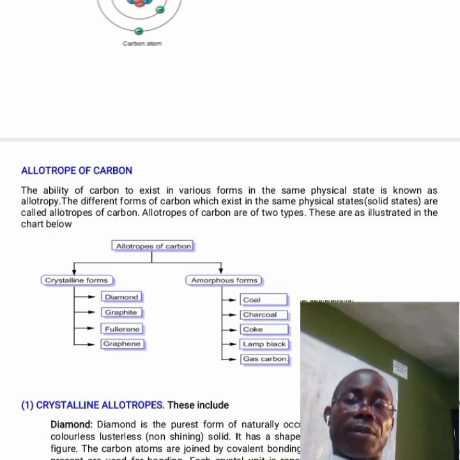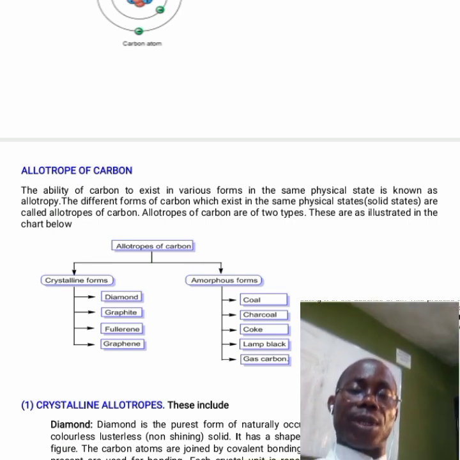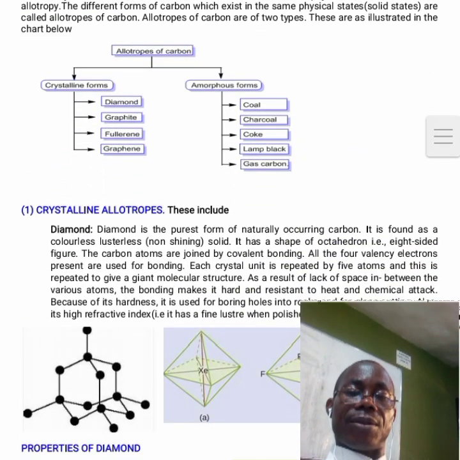For the amorphous forms of carbon, wood charcoal is used as an absorbent in gas masks, while animal charcoal made from animal bone is used as a decolorizing agent.